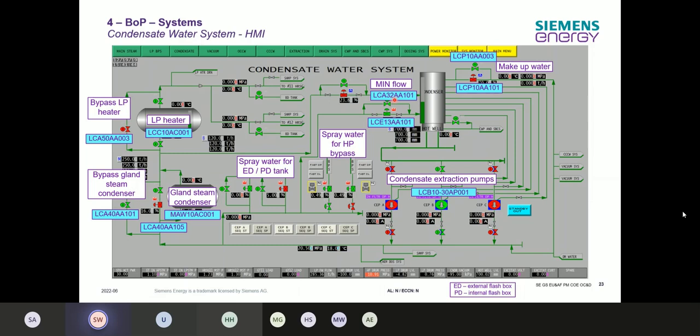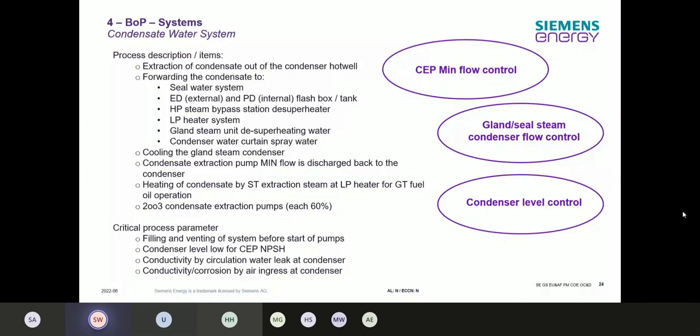And when you see now function-wise, this is the function description. First of all, of course, extraction of condensate out of the condenser hot well. That's the main purpose, sending the condensate via the condensate extraction pumps through the gland steam condenser, through the LP heater to the boiler systems.